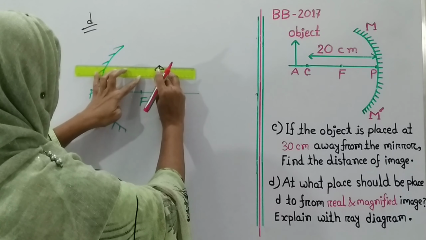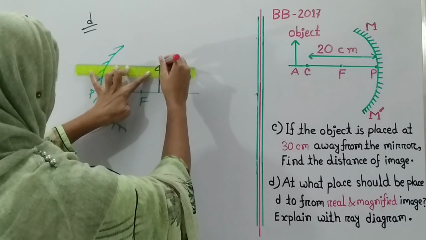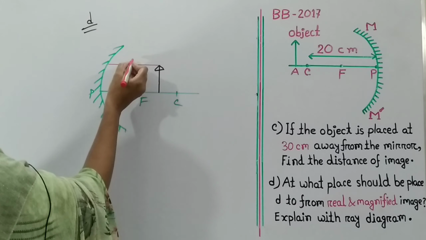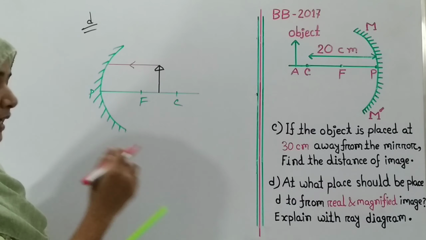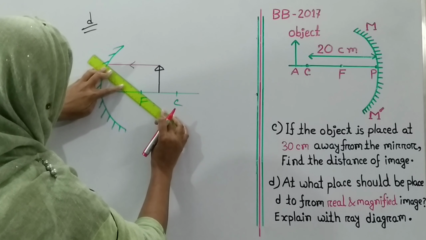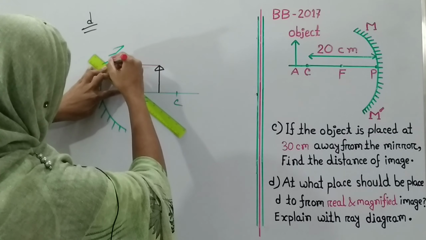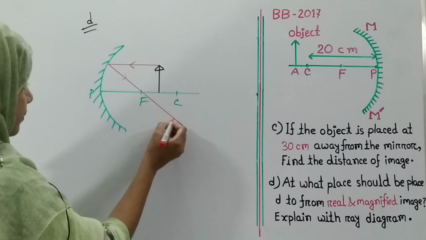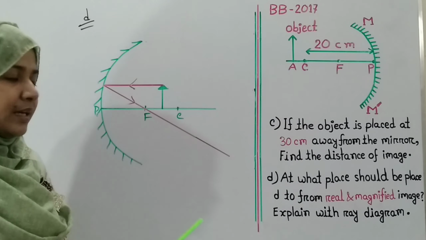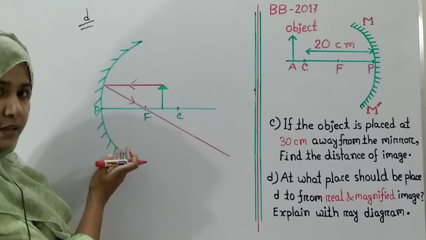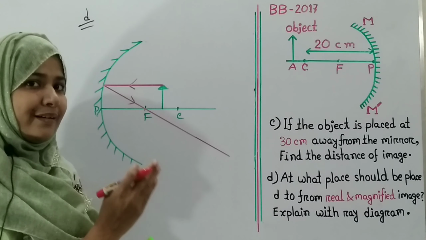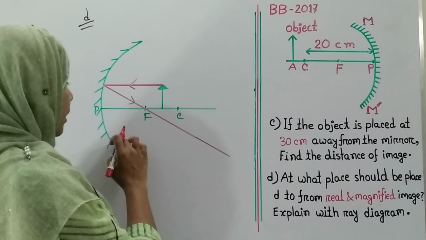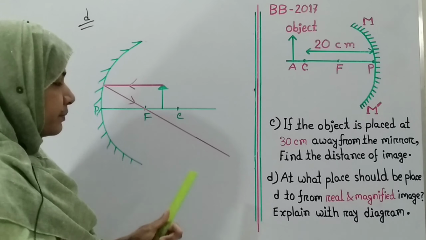That means a ray is coming parallel to the principal axis, and after reflection it is going through the principal focus. Another ray will come through the principal focus, and you know that whenever a ray comes through the principal focus, after reflection it will go parallel to the principal axis.